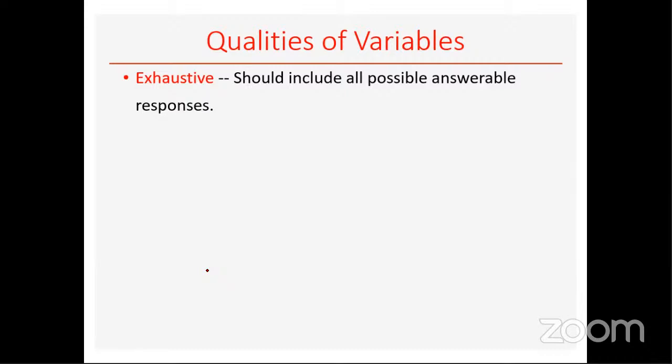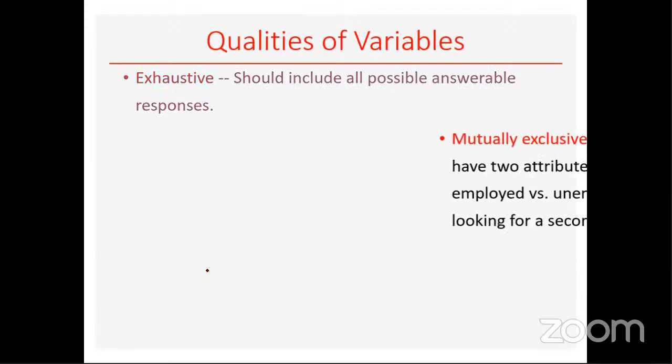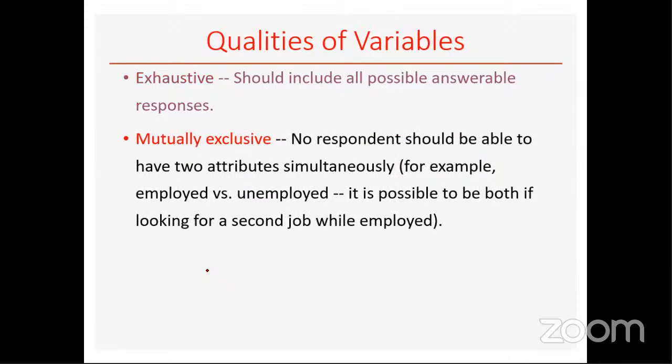Or at times we say sex, which by standard understanding is either female or male, so you can exhaust the available options. The next quality is mutually exclusive. This means an item must belong to a single category. No response should have two attributes simultaneously. Remember, we have indicated what we call attributes, right?